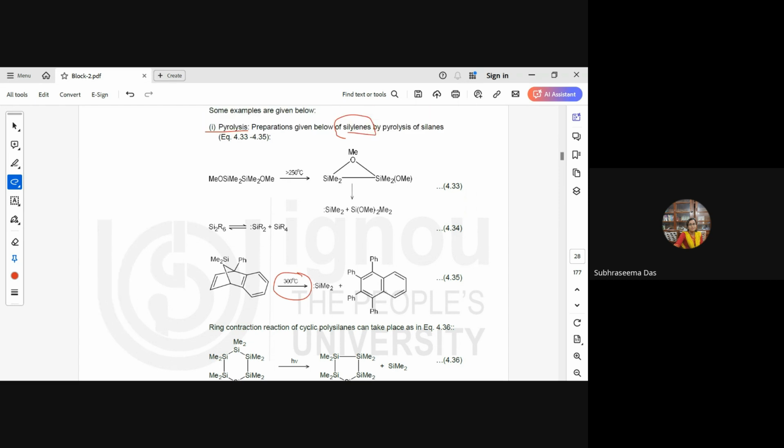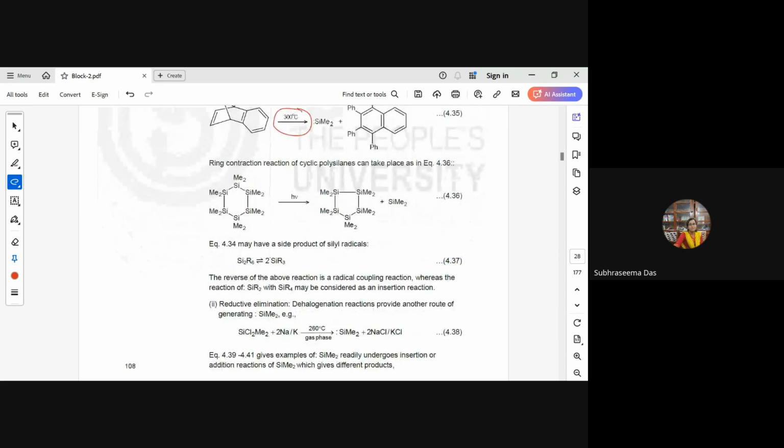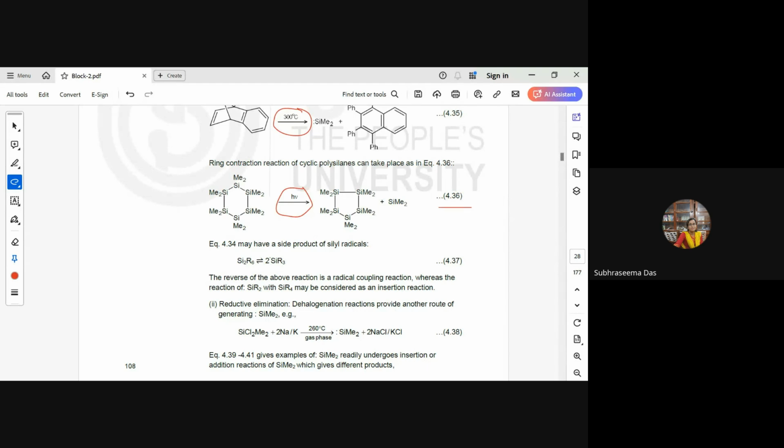In general these silylenes are analogous to carbenes, and they are given as SiR2. Apart from pyrolysis, ring contraction reactions of cyclic polysilanes in presence of hν, that is light, are known to form silylenes, as represented in equation 4.36.